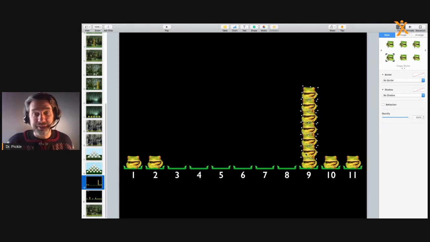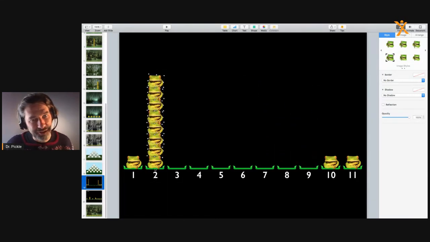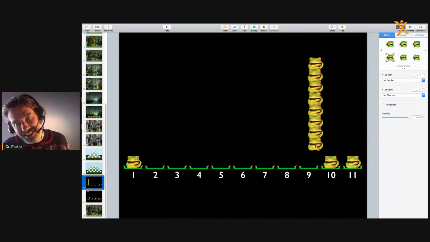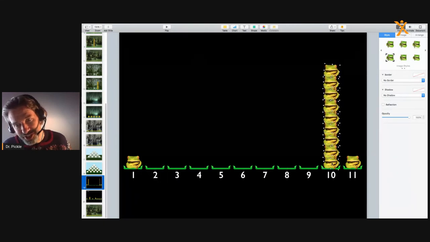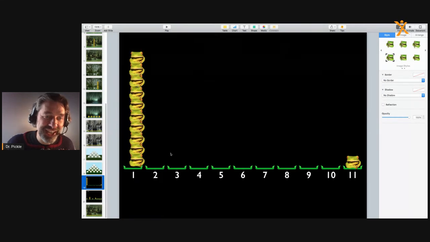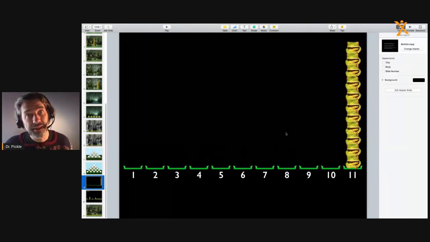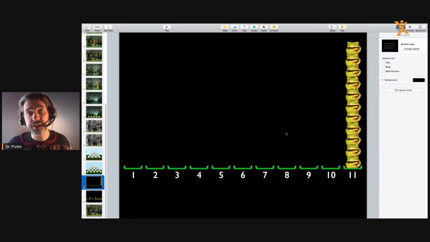Just for those people who haven't seen the problem before, you have to remember that 7 frogs now, they jump 7. So I'm going to jump over here. 8 frogs jumps 8. 9 frogs jumps 9. 10 frogs jumps 10. And you can see that this pattern can repeat no matter how many frogs you have.